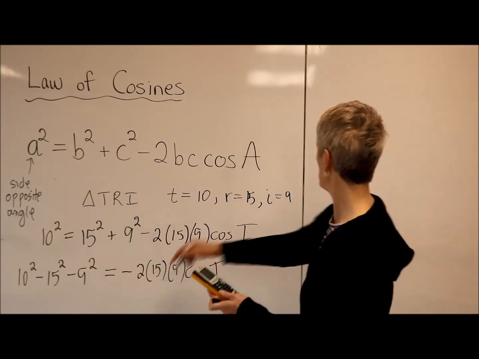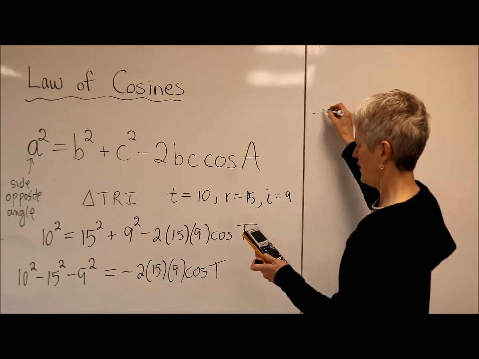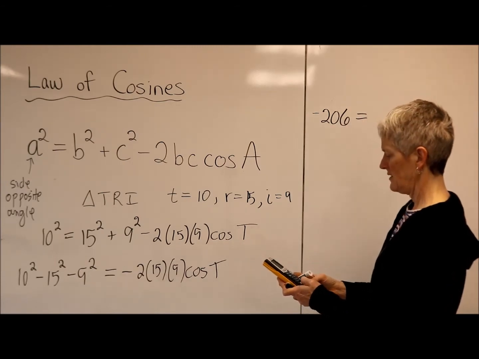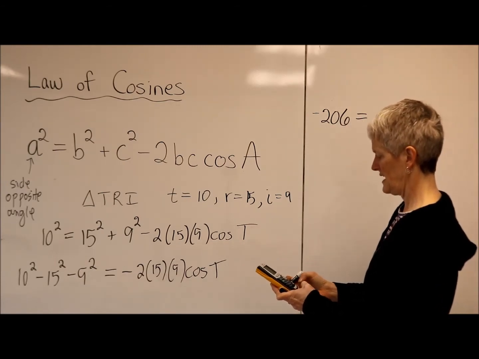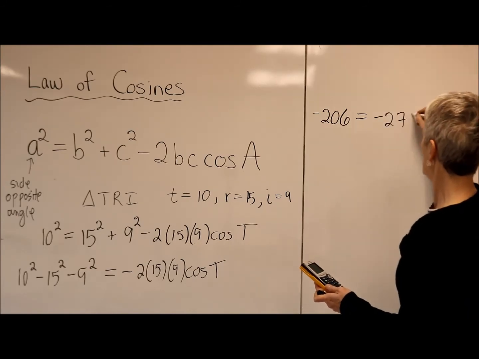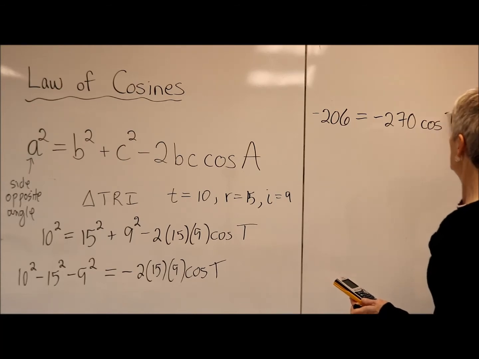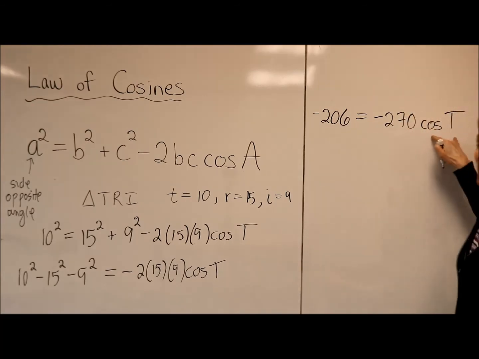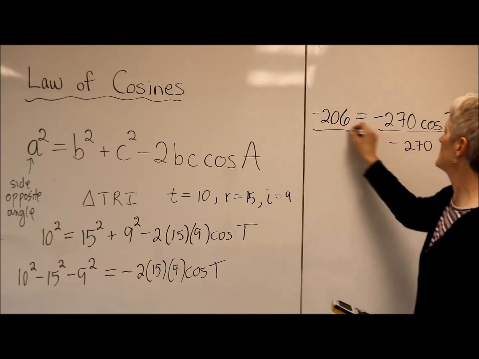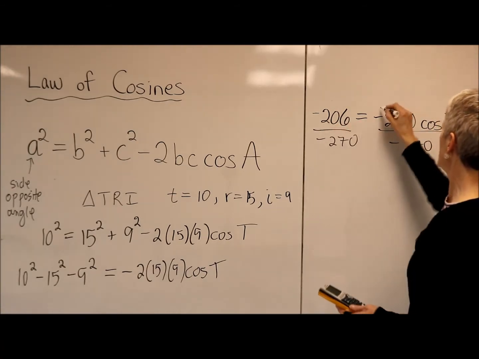Okay, I'm going to bring it up here, negative 206 on the left. And let's see, 2 times 15 times 9. I got negative 270 times the cosine of T over here. I'm solving for T, so I'm going to peel away the layers. Let's divide both sides by 270.